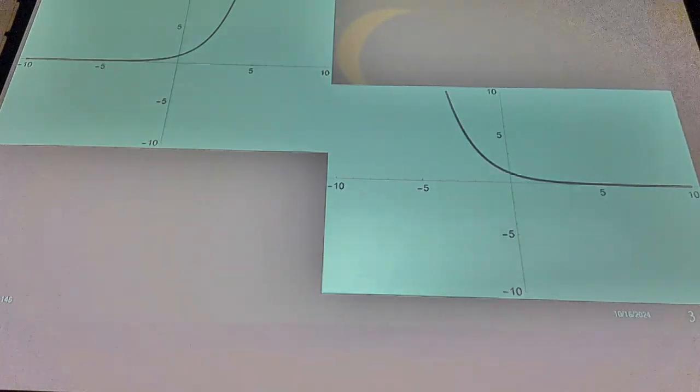Is it one-to-one? Horizontal line test. Draw a horizontal line. Does it ever intersect the graph more than once? Which means it's one-to-one. What do we know about one-to-one functions?